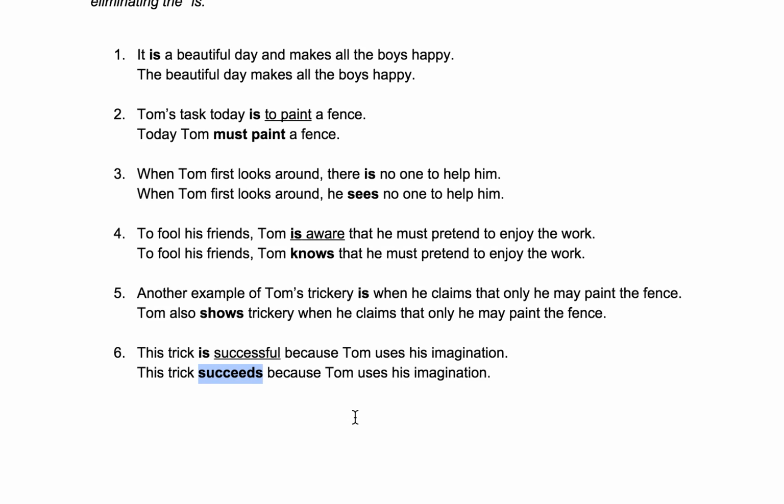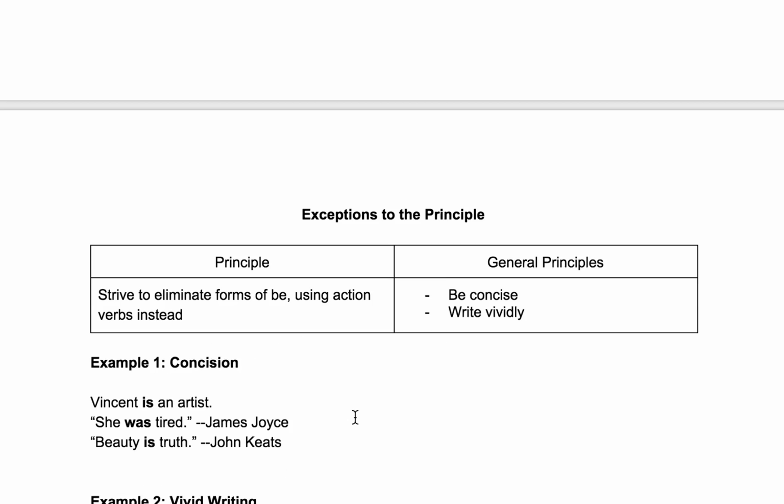So there are some examples of how you can take particular sentences and revise them to eliminate the verb to be. Now, the question that this brings up, of course, is: is this some sort of universal rule of writing? Should we always try to write our essays, our letters, our novels without any form of the verb to be? And the answer is, of course not.